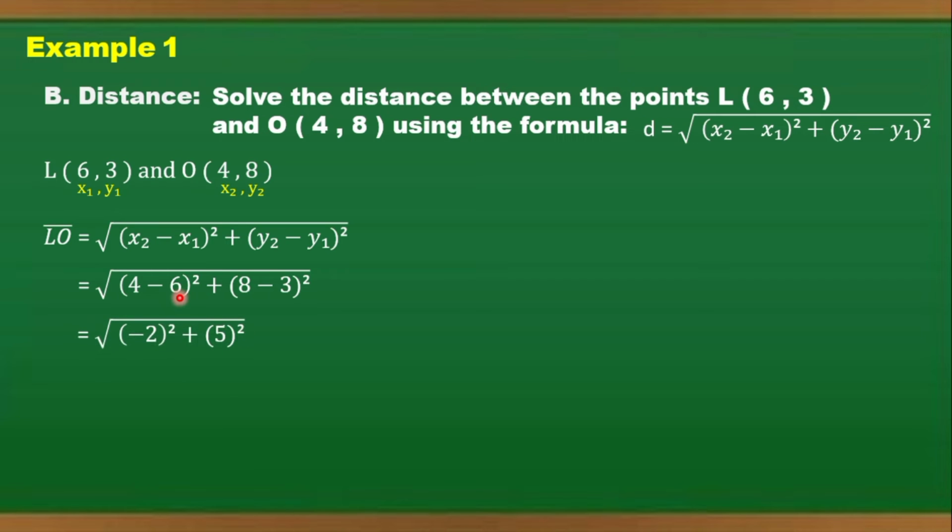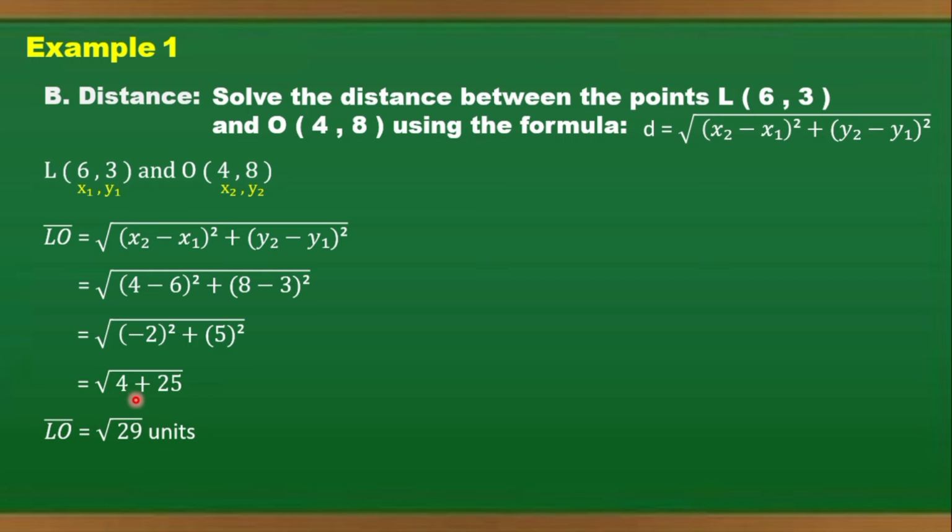Let's substitute each. 4 minus 6 is negative 2. Also copy the square. And 8 minus 3 is 5. We also copy the square. And let's substitute this. Negative 2 squared is positive 4. And 5 squared is 25.